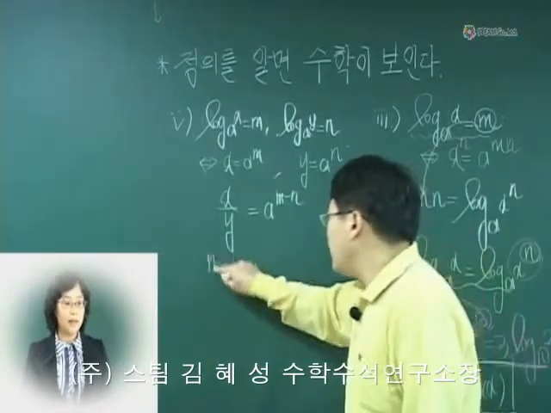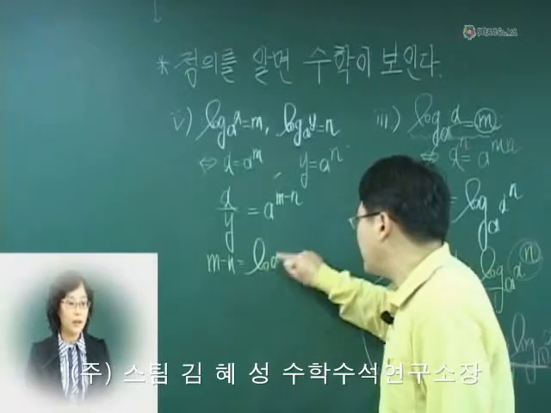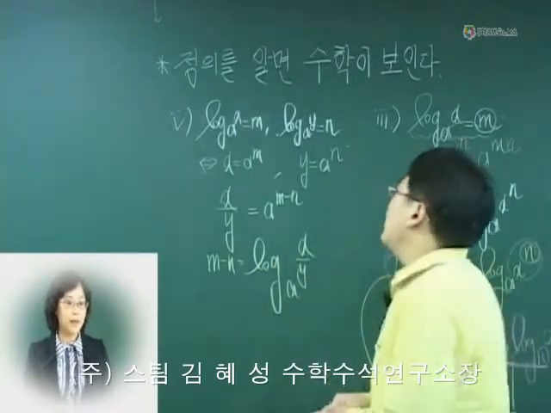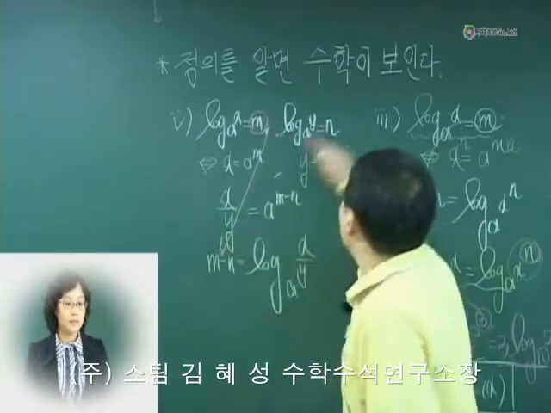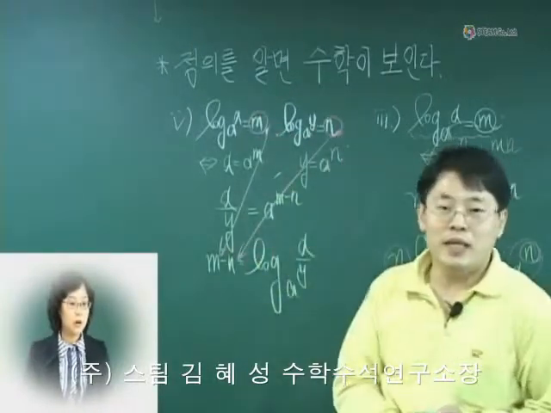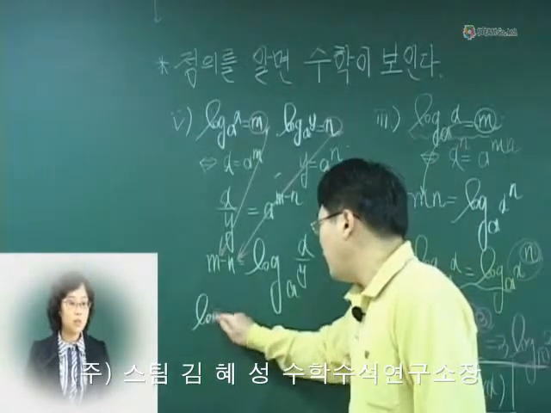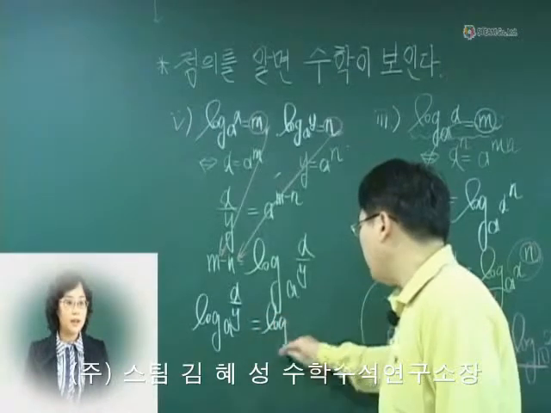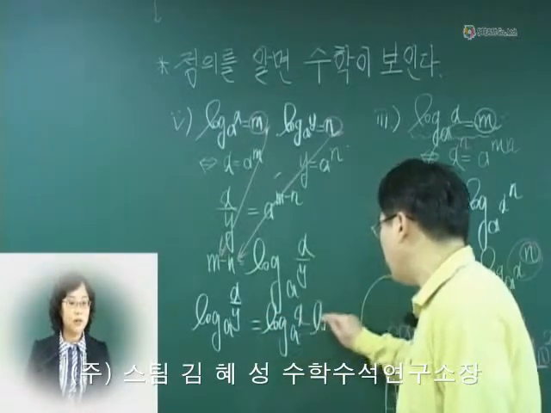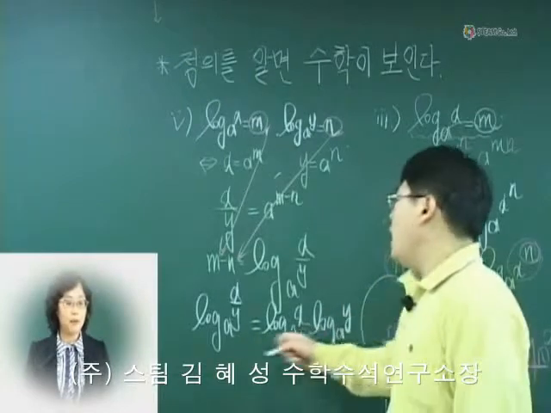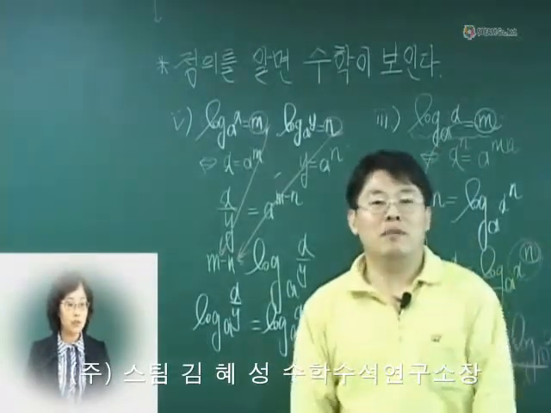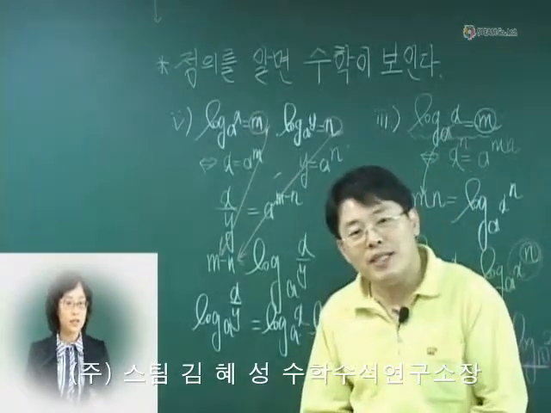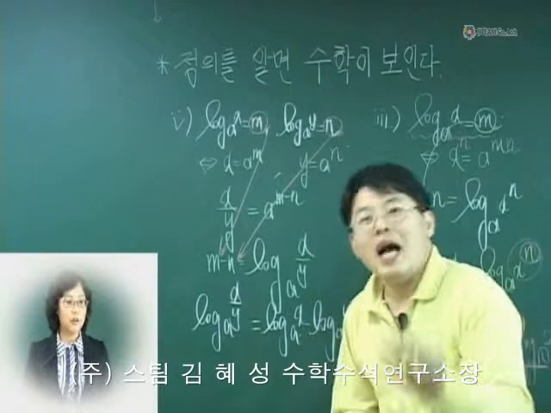Change into the m minus n relation, log base a of x over y. So we substitute for m and n here. Log base a of x over y equals log base a of x minus log base a of y. Since quotient is subtraction, multiplication is addition.